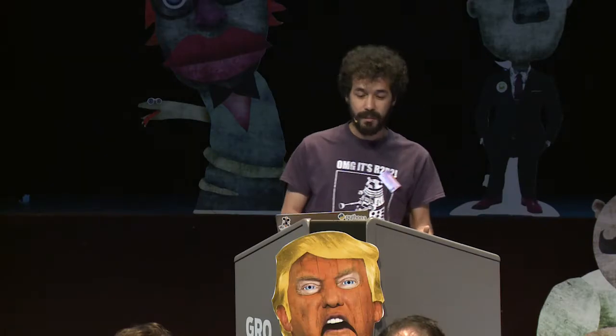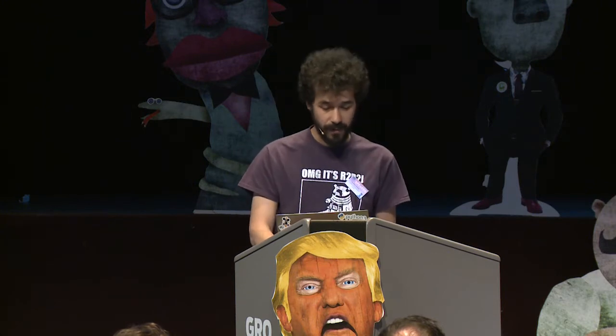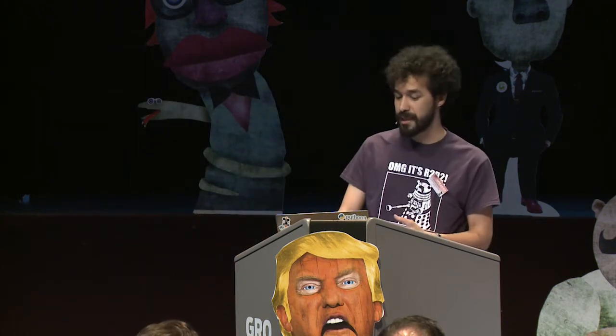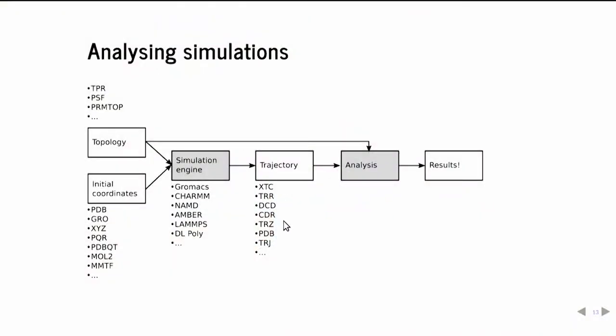And while some of the information is in these file formats, some other is in other file formats. And the simulation engine outputs a trajectory, but the file format of this trajectory, of course, depends on the simulation engine.